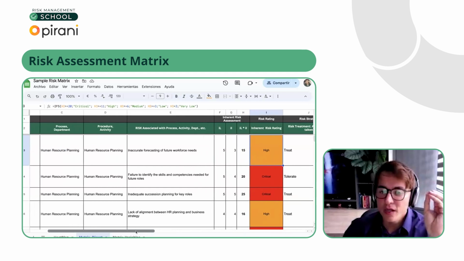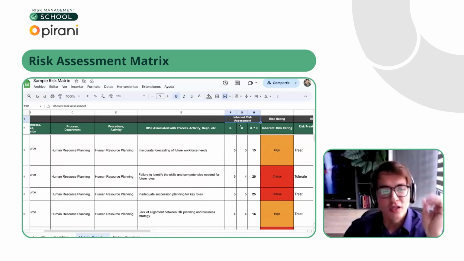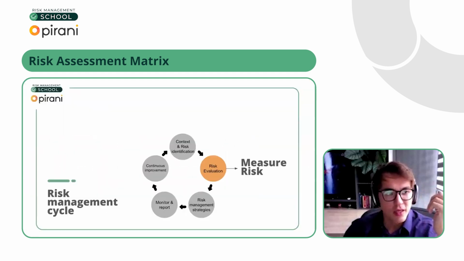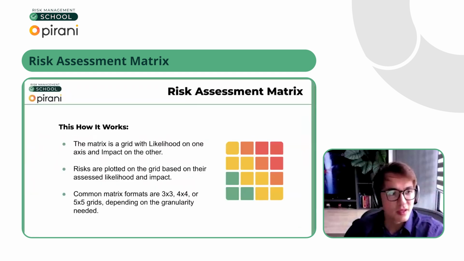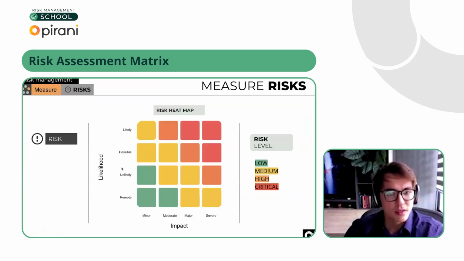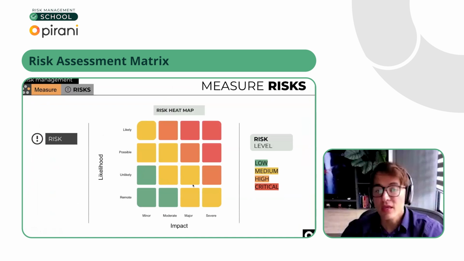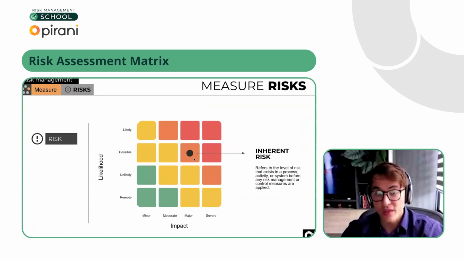So until here, as you can see, we have a concept of inherent risk. Let me explain it a little bit better. What is inherent risk? The inherent risk is, once we have the likelihood and the impact, the quadrants that we want to work with, the risk level that we want to work with.